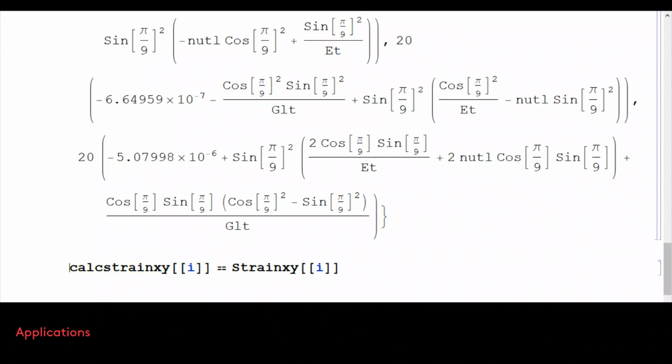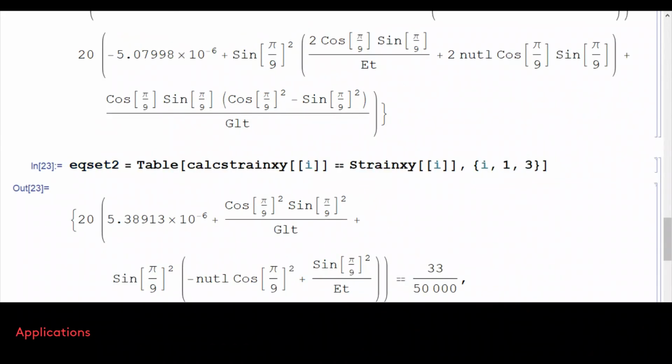Again, I will use the table command, and this is equation set 2. Now I have the equations.